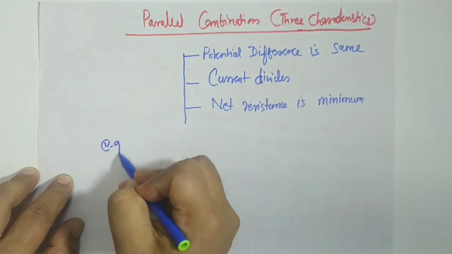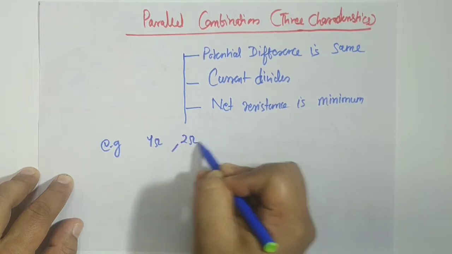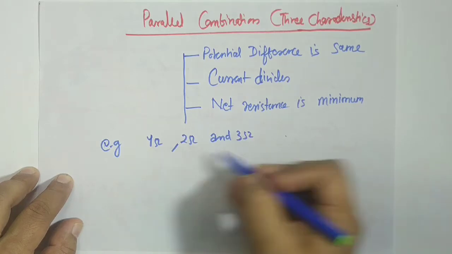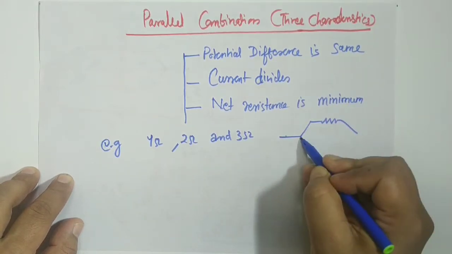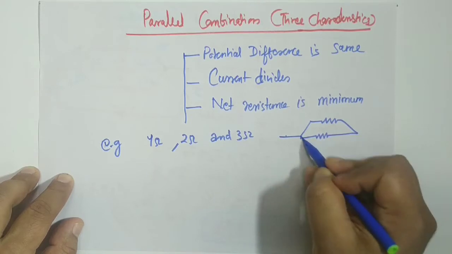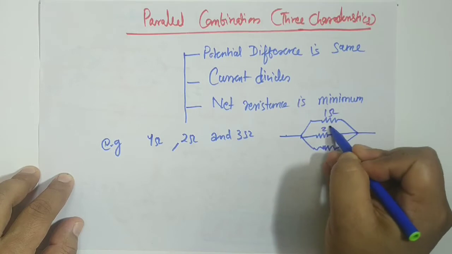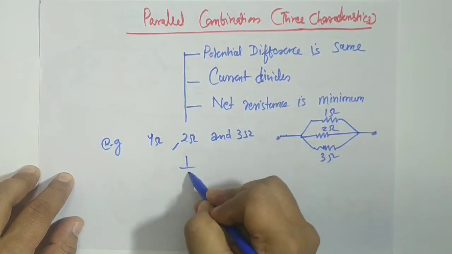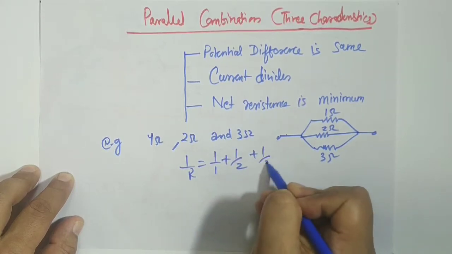I have three resistors, say for example 1 ohm, 2 ohm and 3 ohm. Now if they are connected in parallel like this, one of 1 ohm, other of 2 ohm, other of 3 ohm, then all of you know the resistance is 1 by 1 plus 1 by 2 plus 1 by 3.